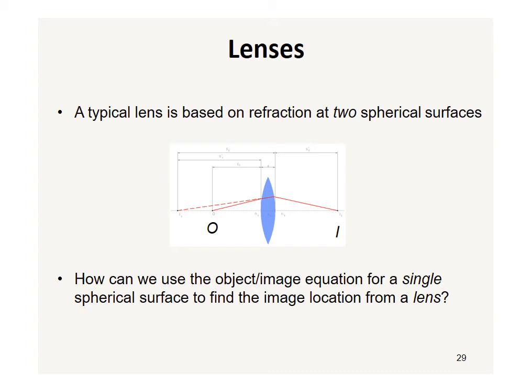So what we can do is work out where the image is formed from a single lens using those formulae that we looked at before.